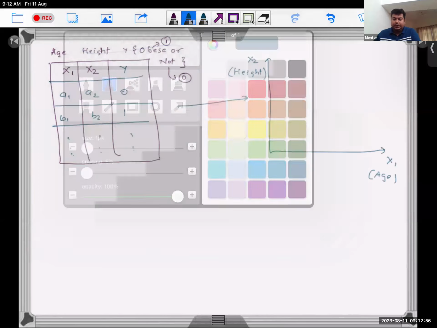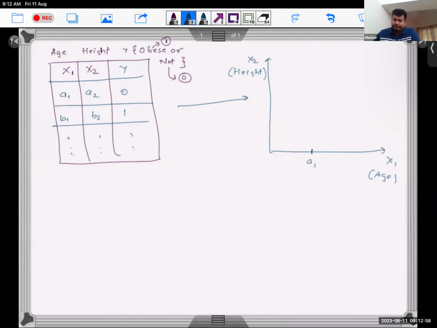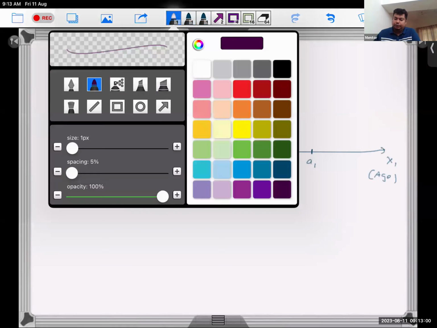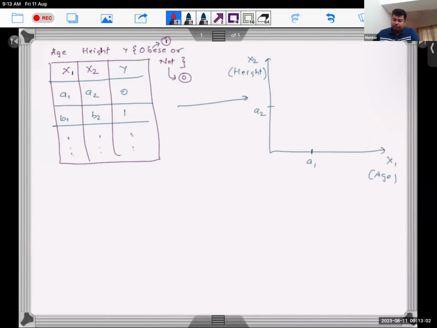If it is a 0, I'm going to label it as a cross. If it is a 1, I'll label it as a triangle. So I have some crosses, I have some triangles. This is the scenario that is given to us.